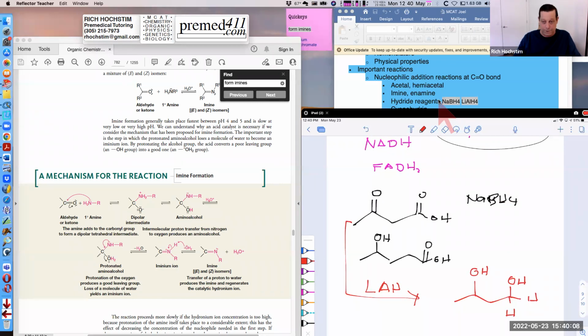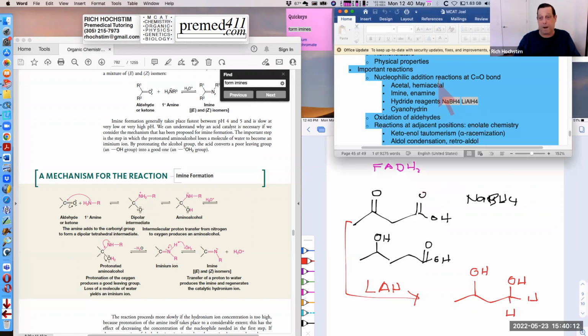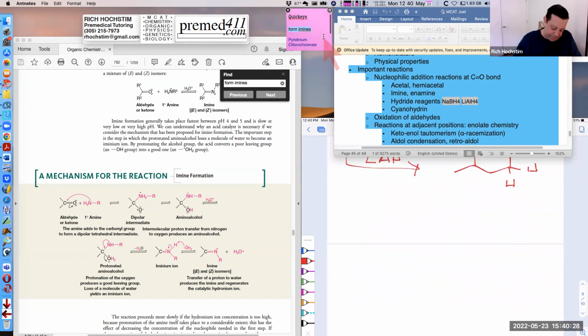And these are closely related to the molecules we see in metabolism in the body. Okay, as far as the oxidation of aldehydes, let me just see if I have some of this stuff here. Okay, yeah, that's just to remind me what to do.